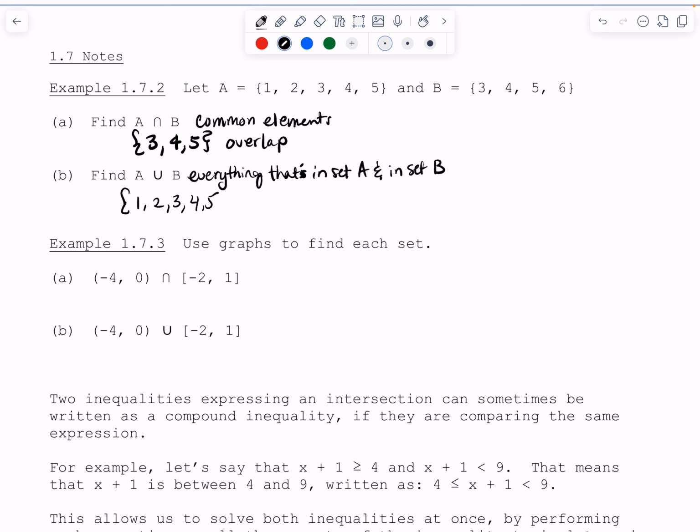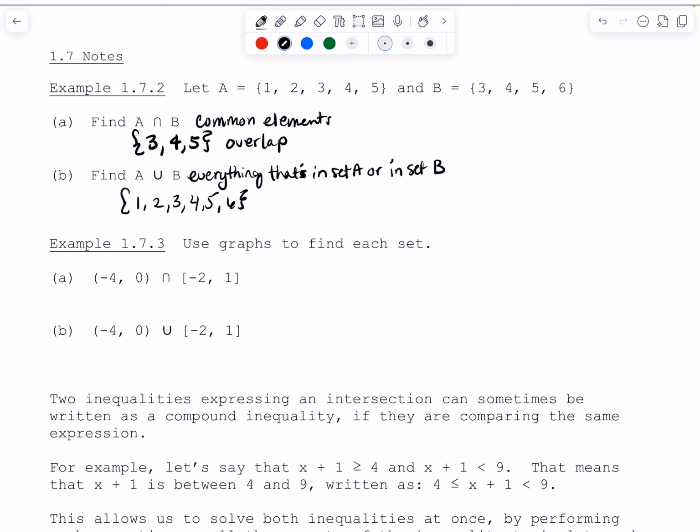And set B has 3, 4, and 5. I already accounted for them, but it also has 6. So everything that's in set A and in set B, and I should put "or" in set B because I don't want you guys to get confused. So let me do that. Set A or in set B. Okay, so for A union B, we're including everything that's in set A or in set B. So 1, 2, 3, 4, 5, 6. Okay, I hope that makes sense. So again, "and" is overlap, "or" is everything.